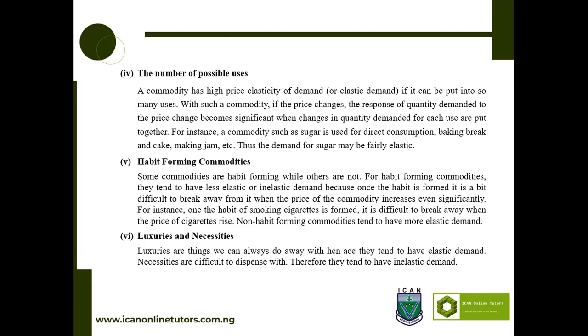So the number of possible uses is the number of ways in which a commodity is consumed or used. For instance, a commodity such as sugar is used for direct consumption, baking bread and cake, making jam, and many other uses. Thus, the demand for sugar may be fairly elastic based on the number of usages.